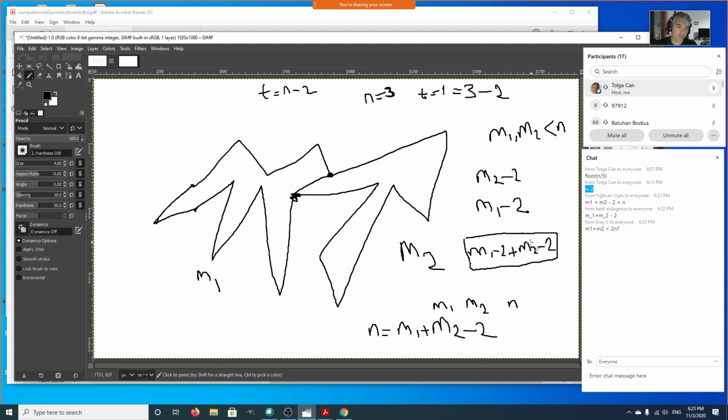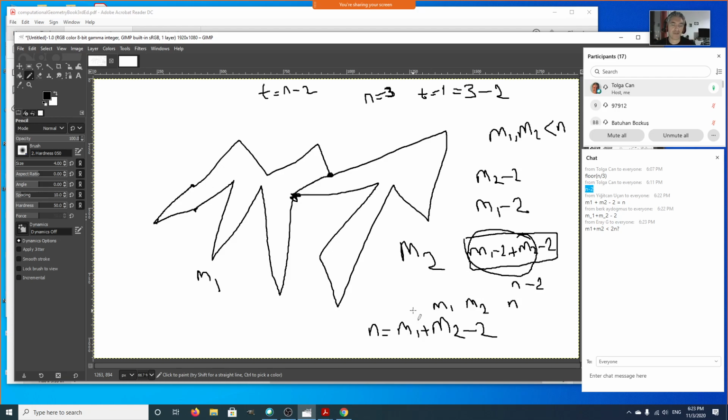So if I replace this part with N, what do I get? N minus 2 is the number of triangles. This concludes the proof. With proof by induction, we have proven that any simple polygon, when it's triangulated, is going to contain exactly N minus 2 triangles.